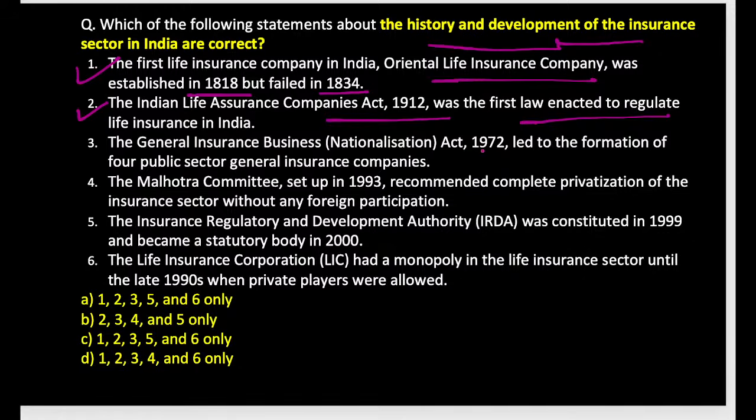General insurance business nationalization in 1972 led to the formation of the public sector general insurance companies.